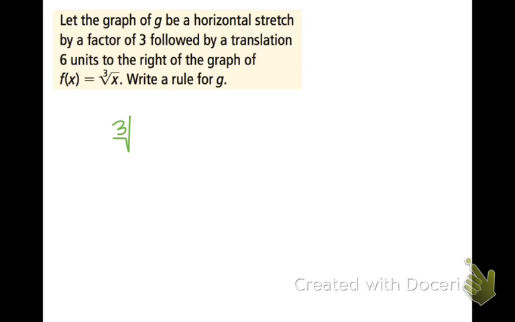Since it is 3, we want the reciprocal of that, which would be 1/3 x. 6 units to the right would be minus 6, and it would also be under the radical since it is horizontal.